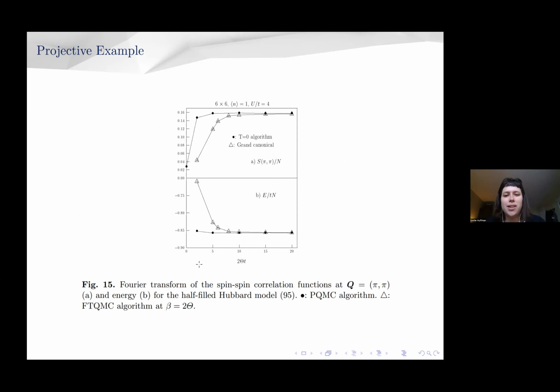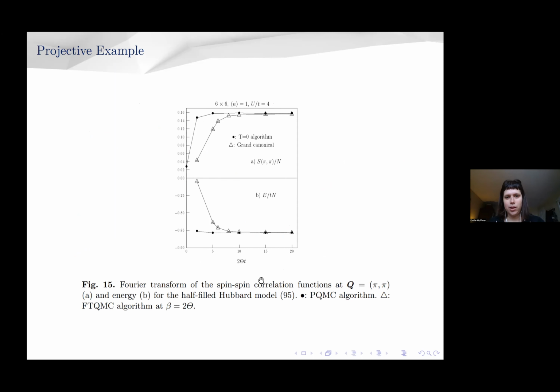This is just an example from the textbook that Fakher wrote, and it compares the correlation function and the energies for the finite temperature version and the projective version.